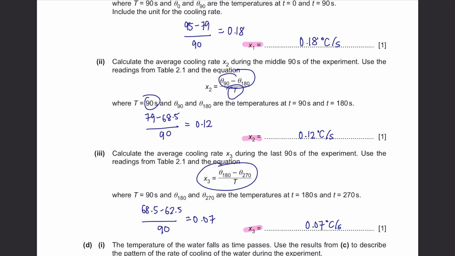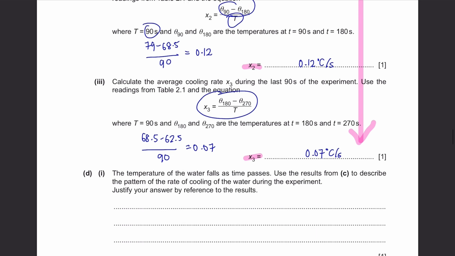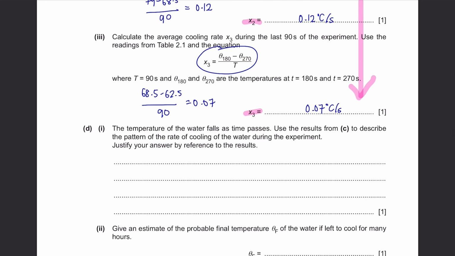And you can see that overall, they are decreasing. So as time passes, the cooling rate decreases, and we need to justify this by stating our values of x1, x2, and x3. It's because x1 was 0.18, then x2 0.12, then x3 0.07.